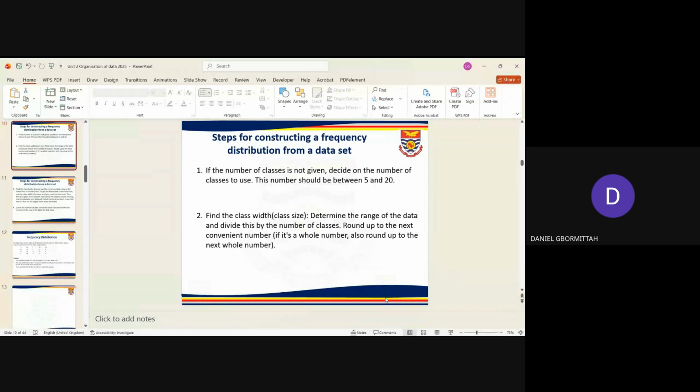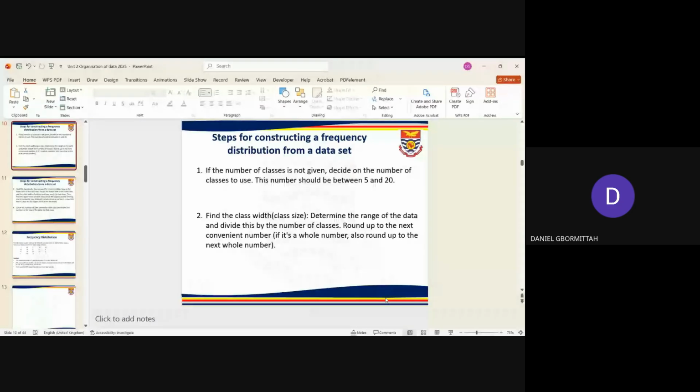But what happens when the number of classes is not given? Usually the number of classes should be 5 to 20.